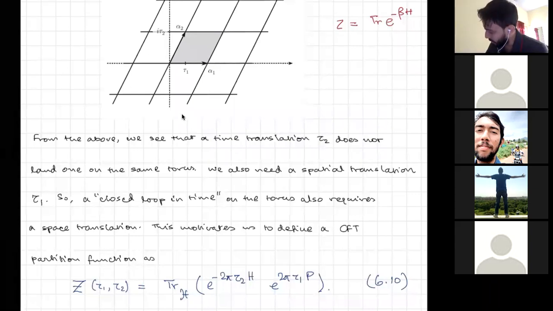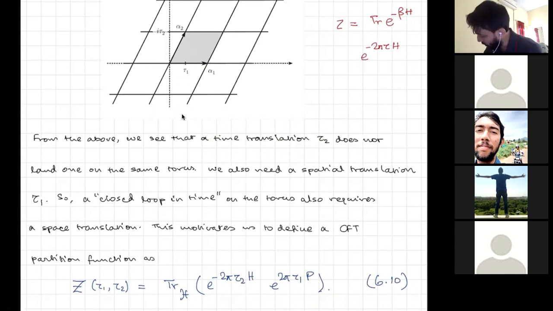So this translated into 2 pi tau H, there's a sign, but you cannot just do this one. You can't just do this. In order to close the loop, if you want to get back to the same system, you also have to have a spatial translation.